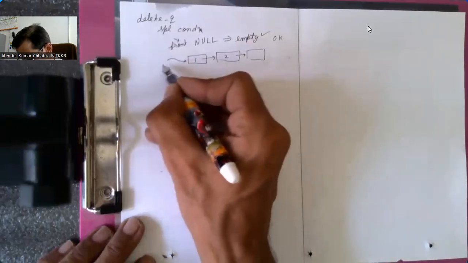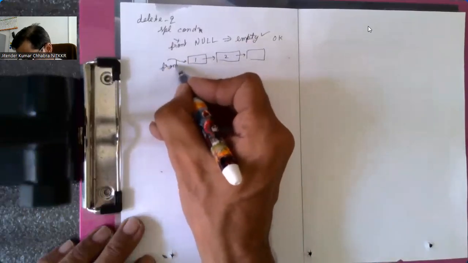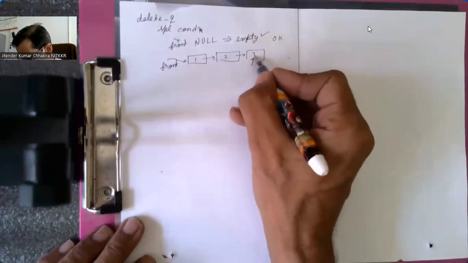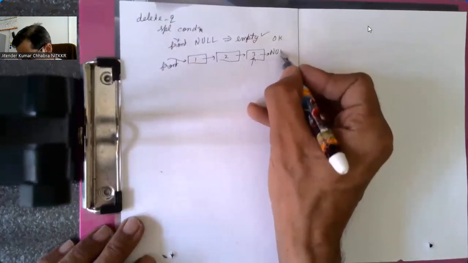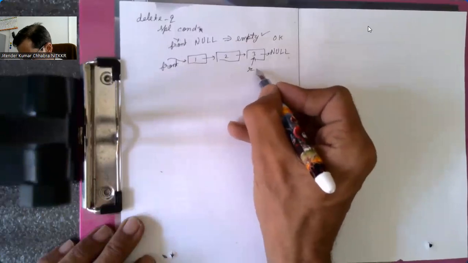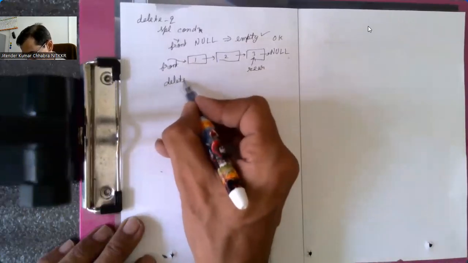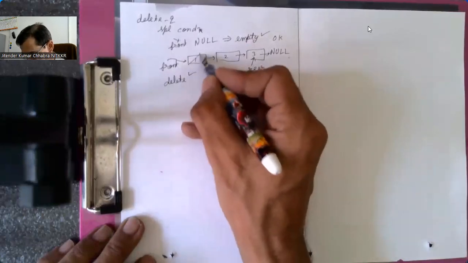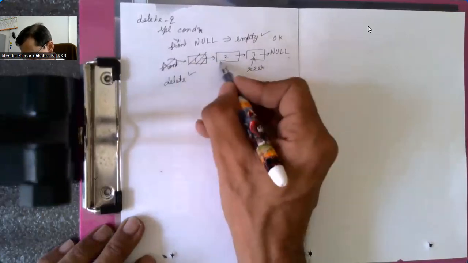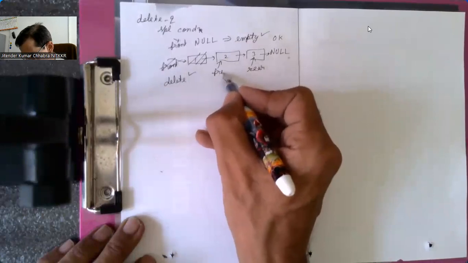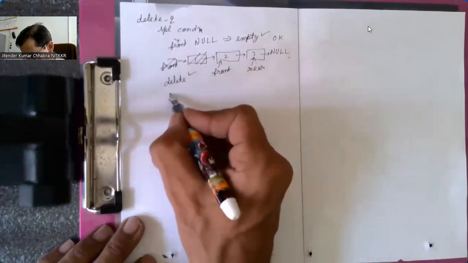Obviously meaning that front is on this node and 3 was the last being inserted. So here you have the rear node. Now you, let's say, deleted once. Deleted once means this node becomes free, front comes here. Perfect, not an issue.